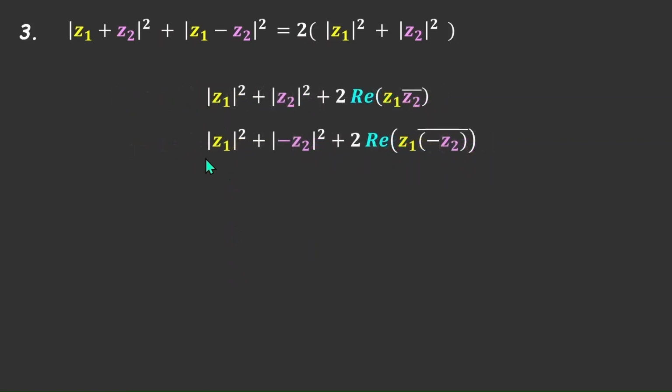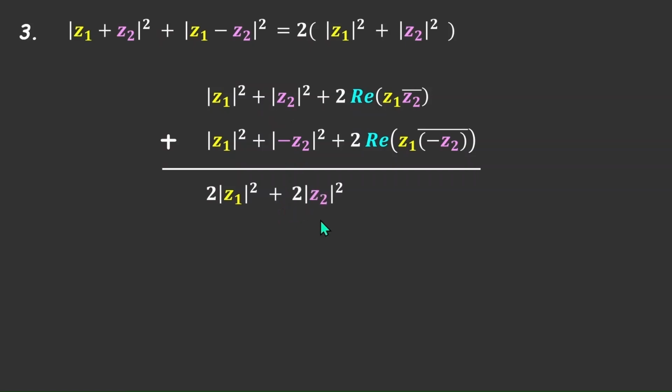Mod of z1 square and mod of z1 square would add up. We also get that mod of minus z2 is nothing but mod of z2, both of them are the same thing because mod is the absolute value. So this would also be the addition of mod z2 whole square with mod z2 whole square, so it would be plus 2 into mod of z2 whole square.